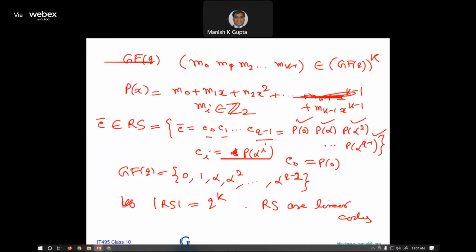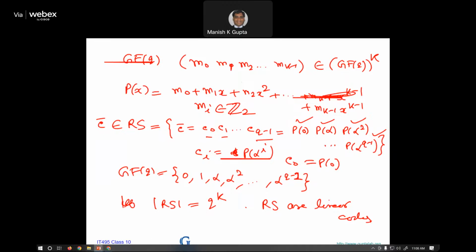Now what we do, take vector C consisting of C0, C1, up to C(q minus 1). So I am right now taking a vector of length q. In the literature, you will find Reed-Solomon codes with length q minus 1 as well. That's okay, slight variation. But this is the original paper which I am describing to you. So C is a code word in the Reed-Solomon code, where each Ci is P of alpha raised to i.